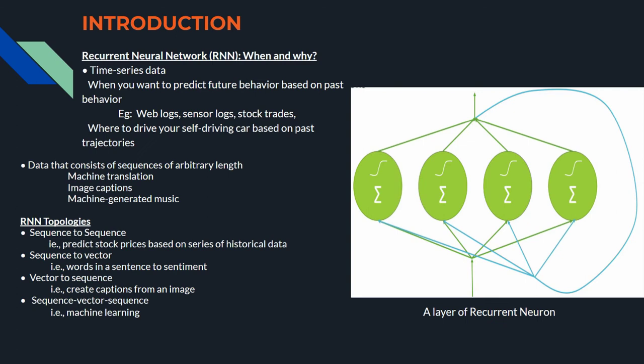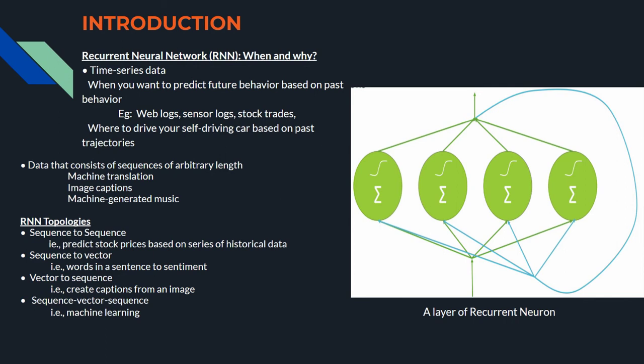Here we will discuss what a recurrent neural network is. It's a type of neural network that contains loops, allowing information to be stored within the network. In short, a recurrent neural network uses past data to predict future behavior.